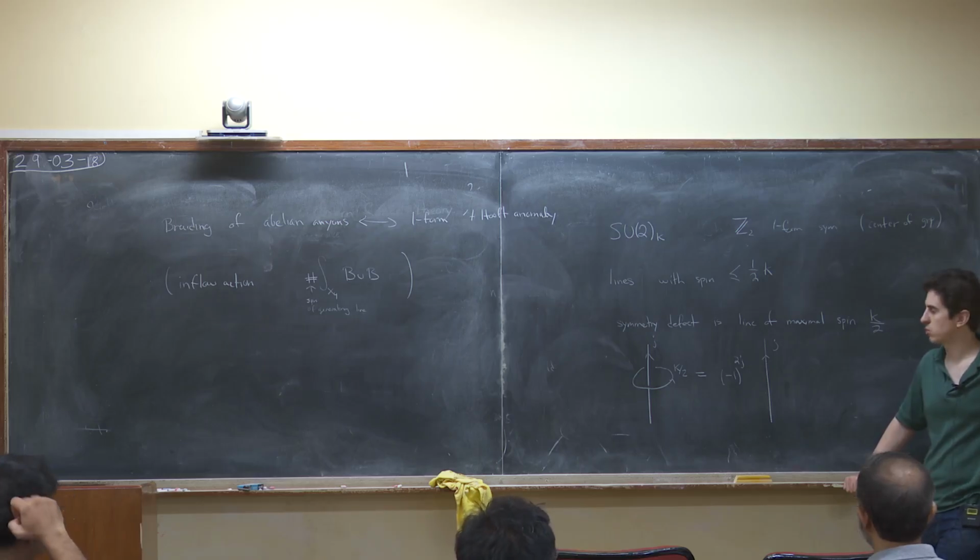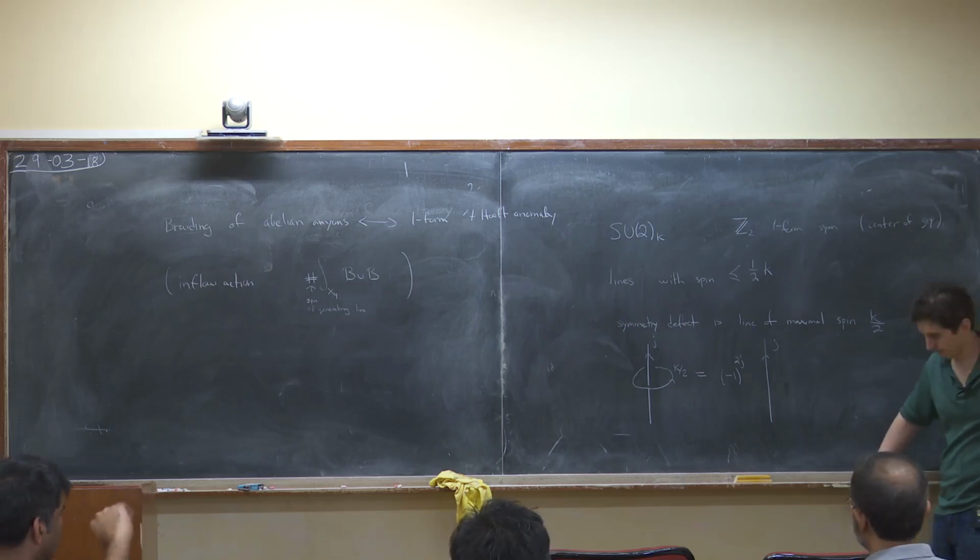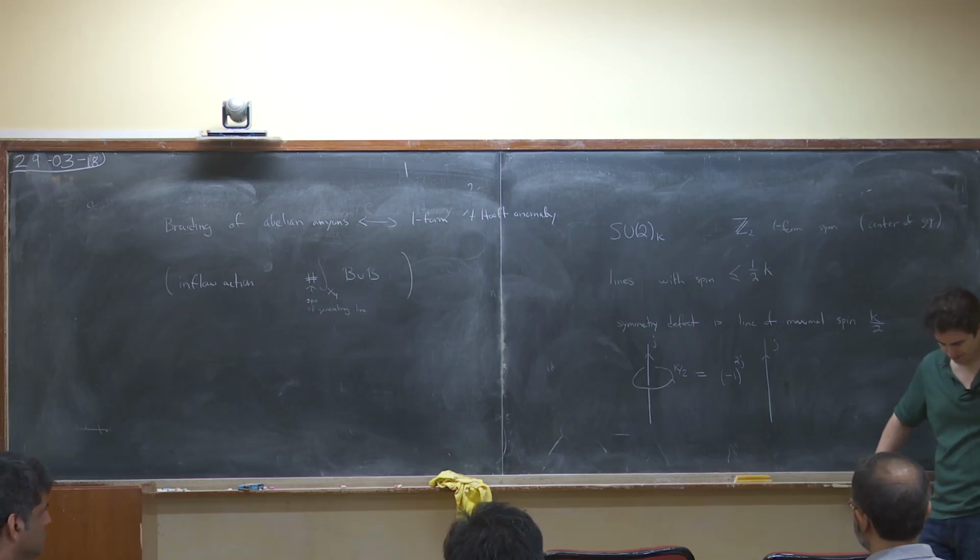No, but it's abelian, so it's all one-dimensional representations. It just assigns a phase to all the lines. I think it's the same, in some basis. The charge of this would be a linear combination.